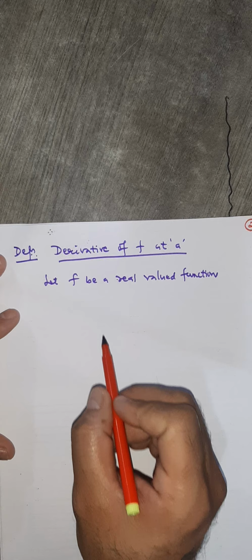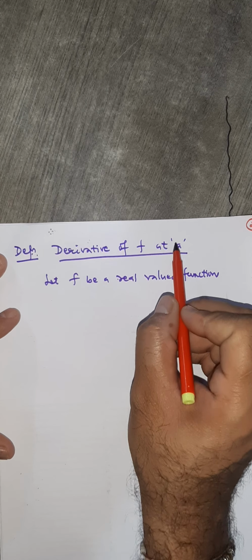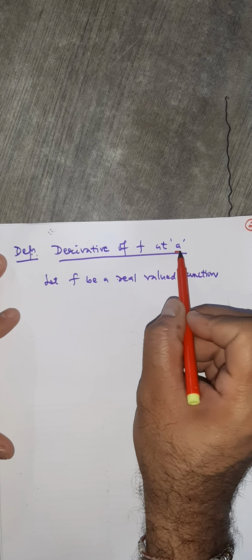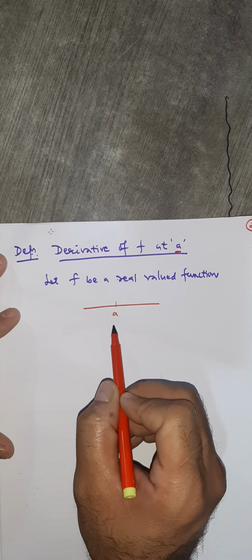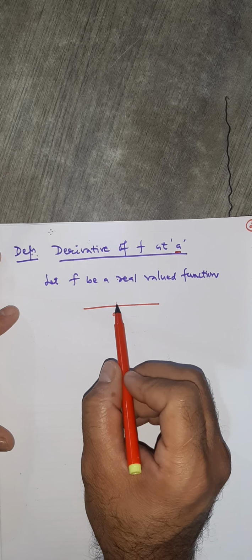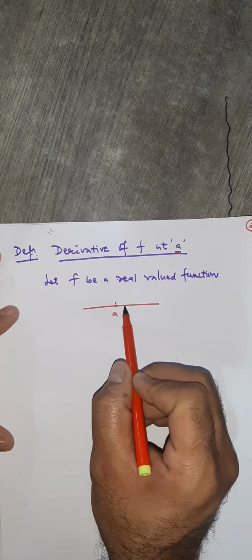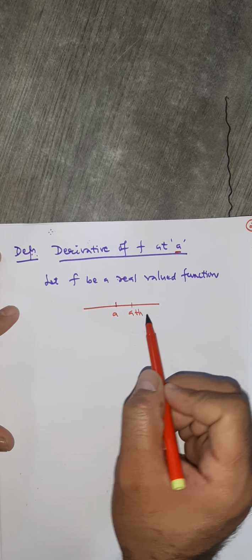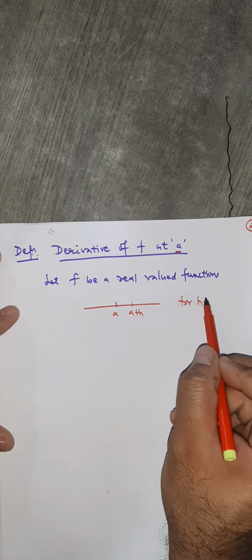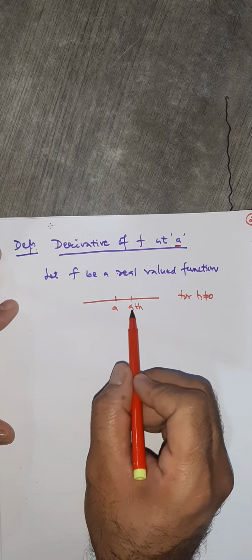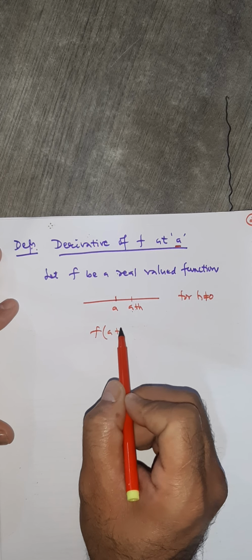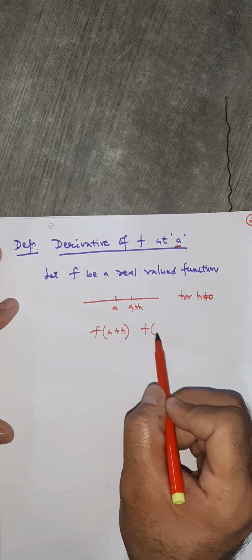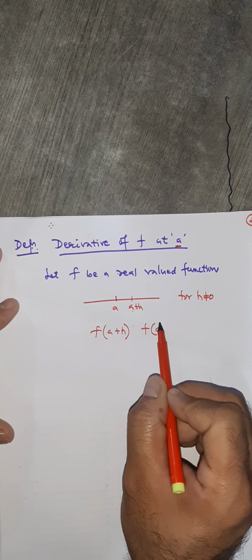Now what we do? Here we are defining the derivative at a, remember. So suppose this is a here. Now for a fixed number h, we find a plus h, for h non-zero, and then we take the difference of these two: the value of the function at a plus h and the value of the function at a.